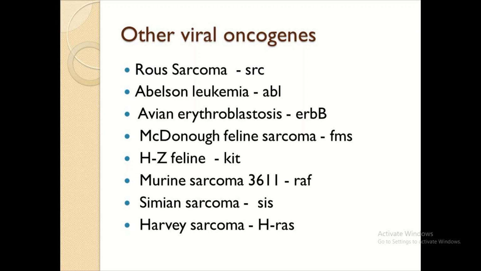Murine sarcoma 3611 was abbreviated as RAF. Simian sarcoma is abbreviated as SIS, and Harvey sarcoma is abbreviated as HRAS. These are the other viral oncogenes identified so far.